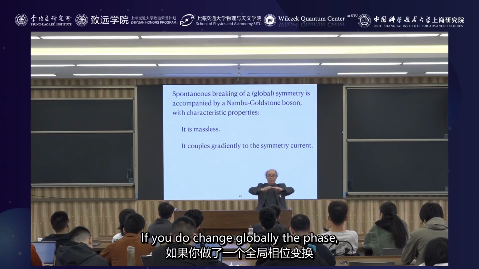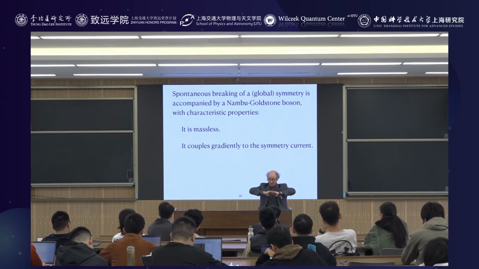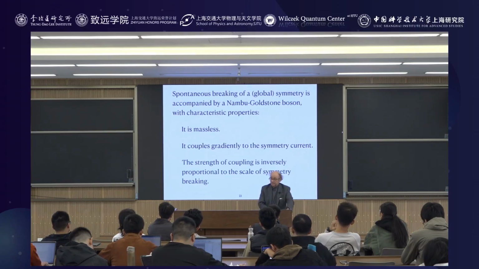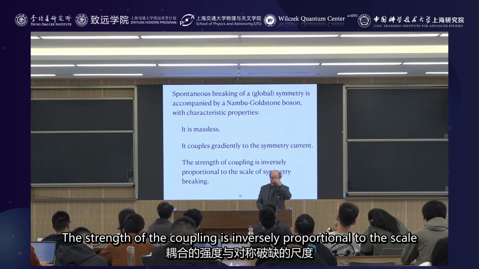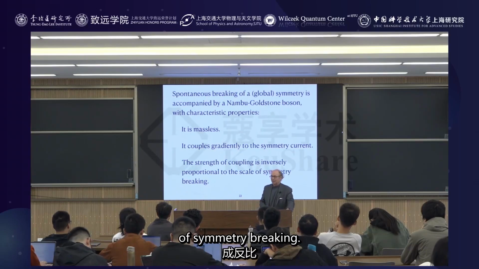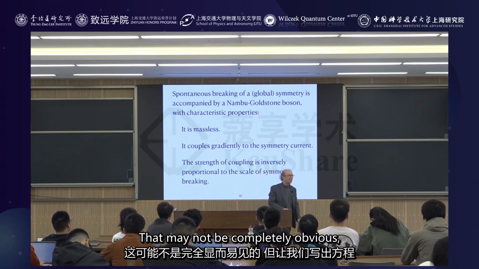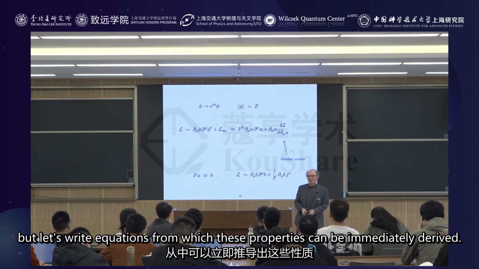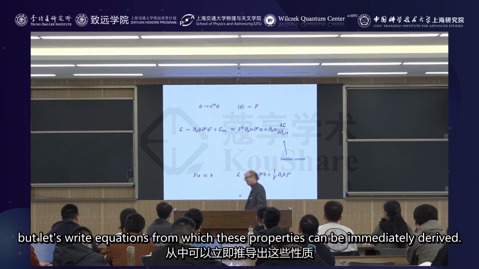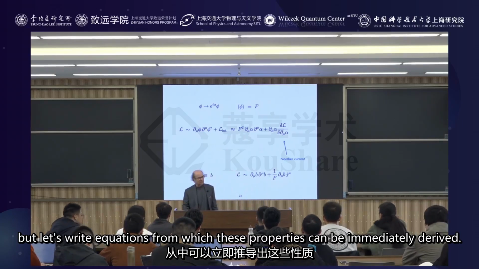If you do change globally the phase, this thing will couple to it. And the strength of the coupling is inversely proportional to the scale of symmetry breaking. That may not be completely obvious, but let's write equations from which these properties can be immediately derived.